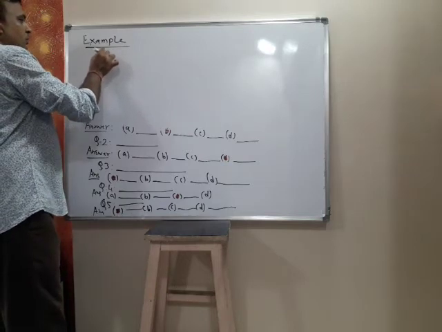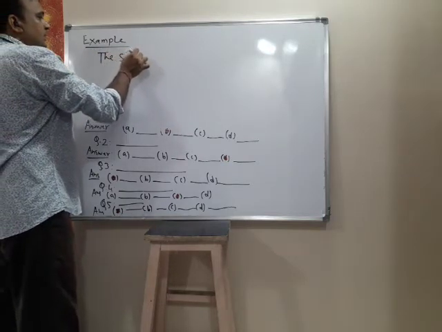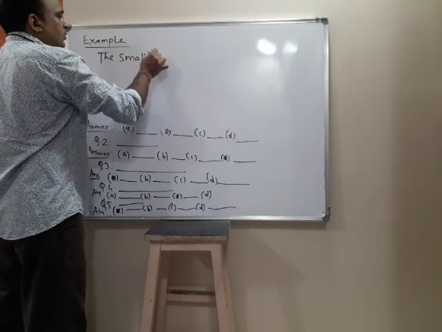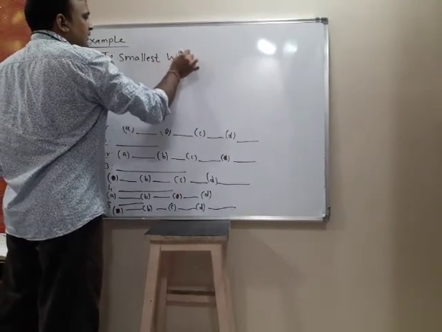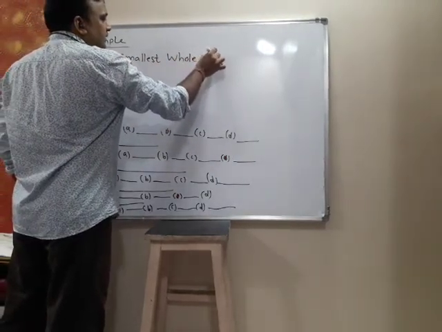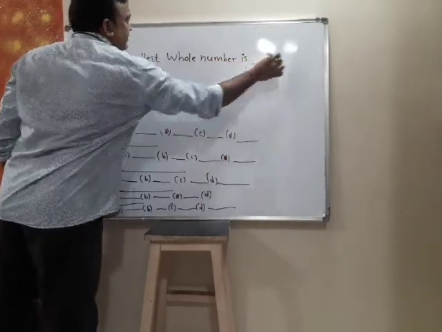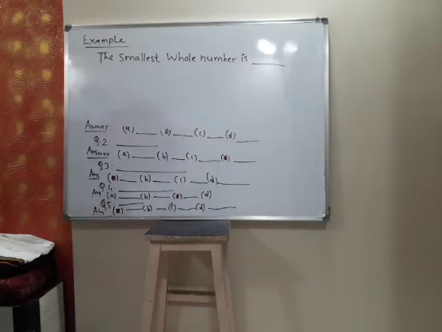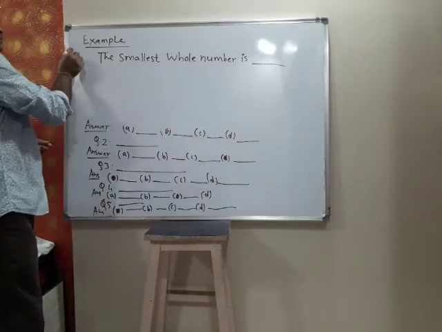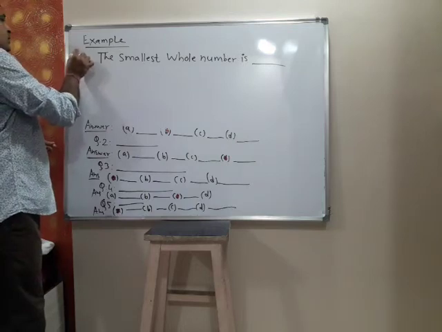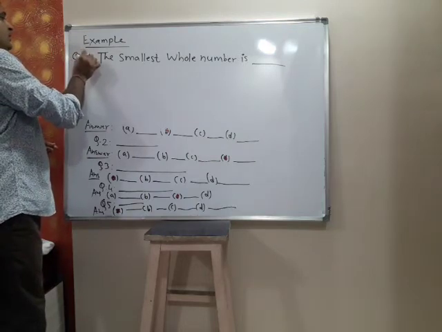The question is: the smallest whole number is dash.